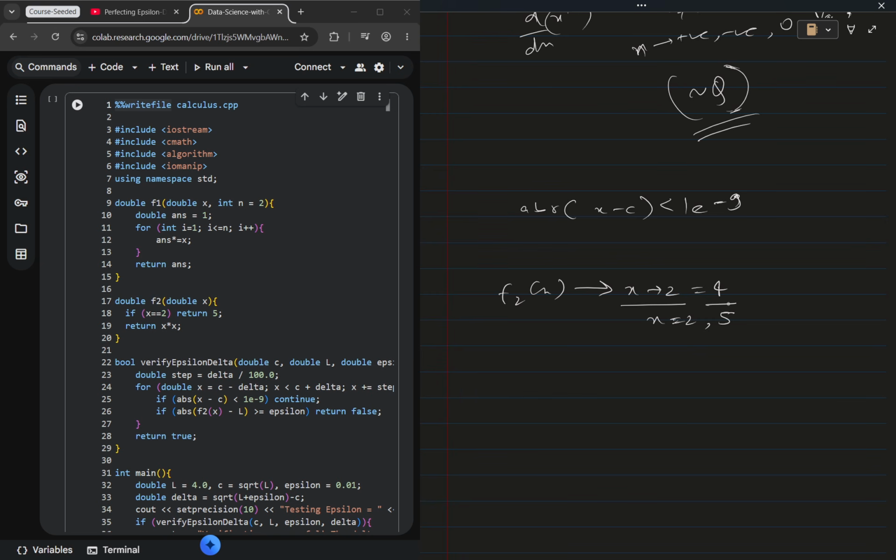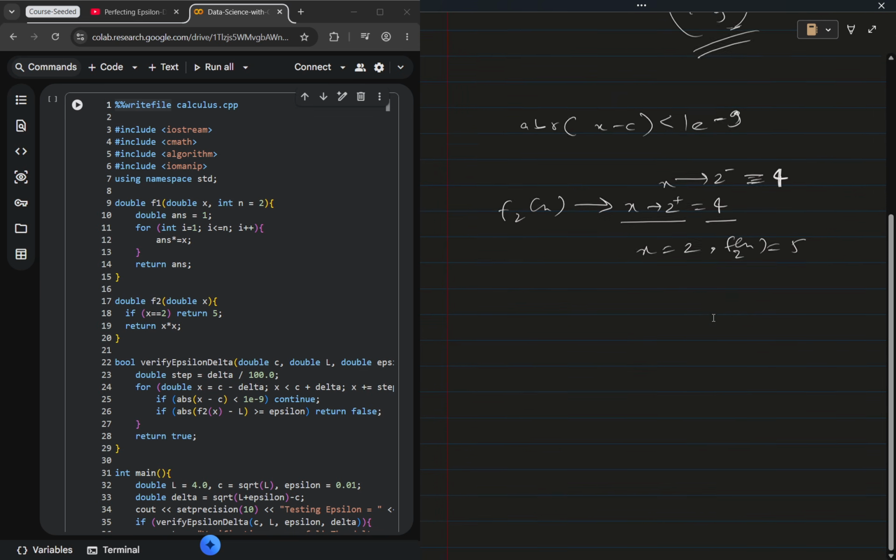So for 2 plus, and for 2 minus also, you'll have 4. But for this exact point, x equals 2, you get f2 x equals 5. So this is your piecewise function, or you can say discrete function.